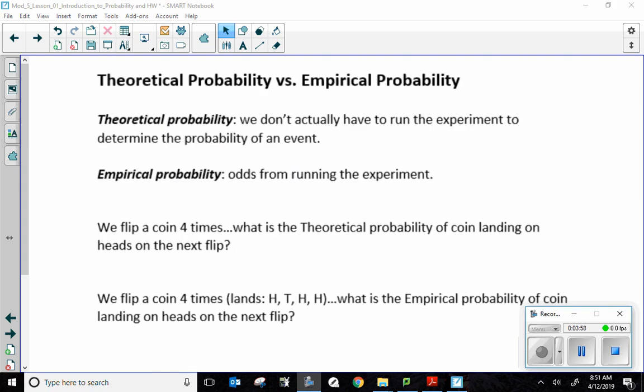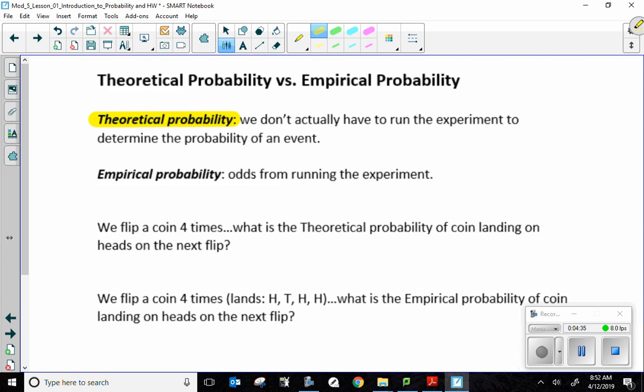Let's bring in a little bit of Algebra 2 to everything we know from Algebra 1 when it comes to probabilities. We have 2 basic types of probabilities, theoretical and empirical probability. They mean 2 different things. Let's define what they are first. When we talk about theoretical probability, we don't actually have to run an experiment to determine what the probability of the event might be.